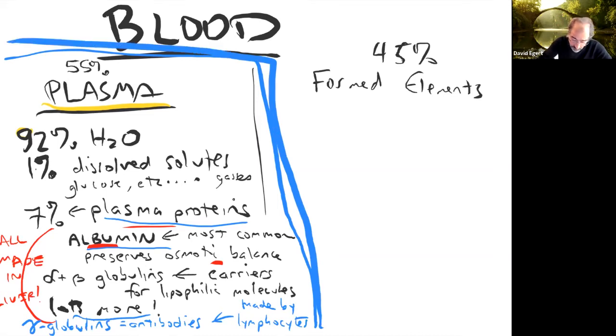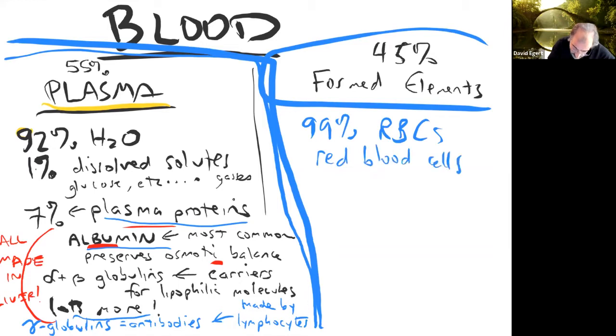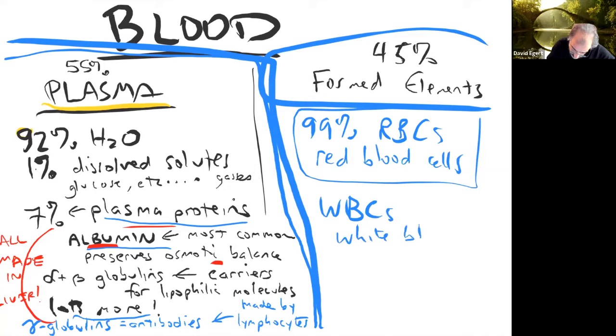Plasma. So formed elements: about 99% are going to be the RBCs, red blood cells, which we'll talk about in some detail. Then there are the white blood cells. These we'll talk about when we get to the immune system.